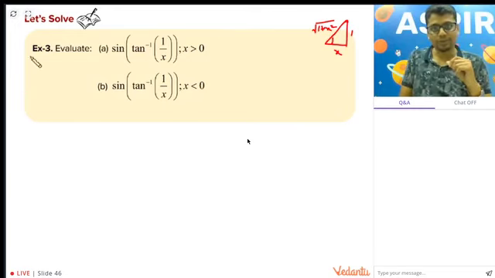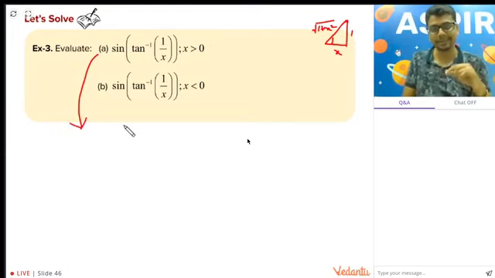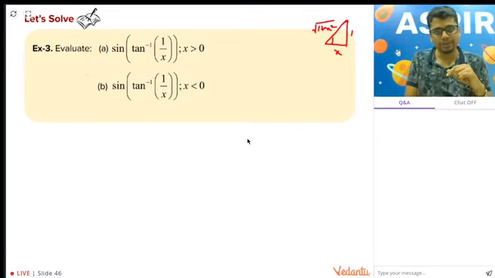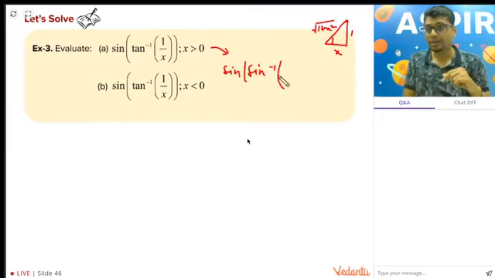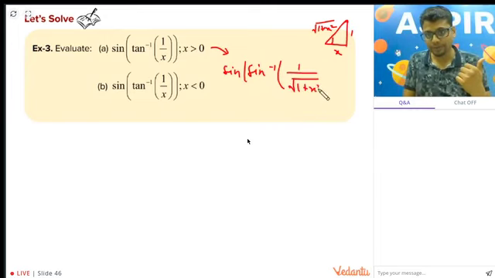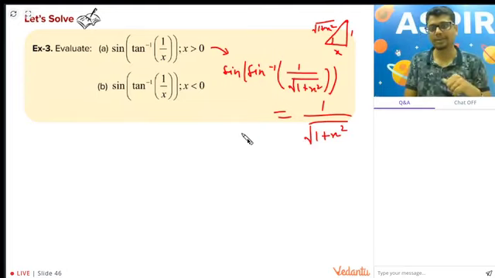Let me solve this here, and for the other I'll use the dedicated slide. So this will be sine of sine inverse of perpendicular by hypotenuse. So it becomes 1 by under root 1 plus x square. That's it. All right.